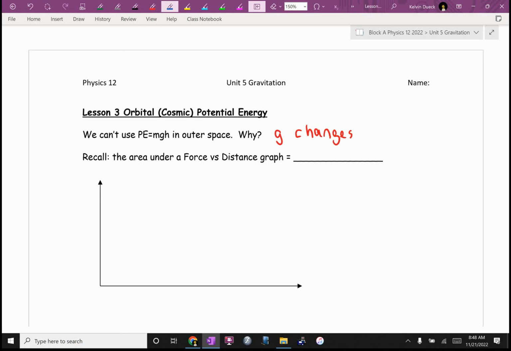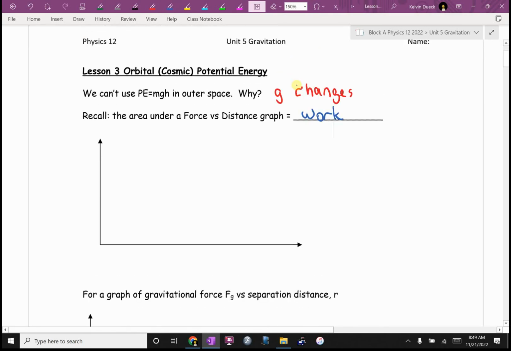So we're going to have to go back to one of our definitions of work. The area under a force versus distance graph is work. I'm going to be really specific though. So can you label the y-axis with force in newtons and the x-axis with distance in meters?